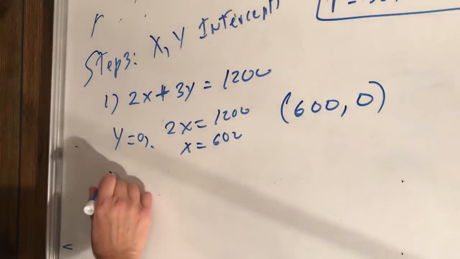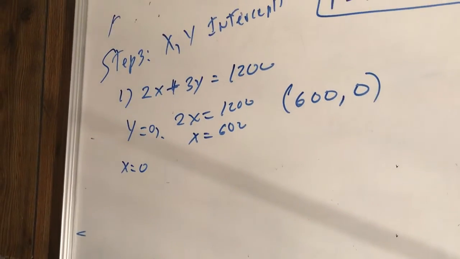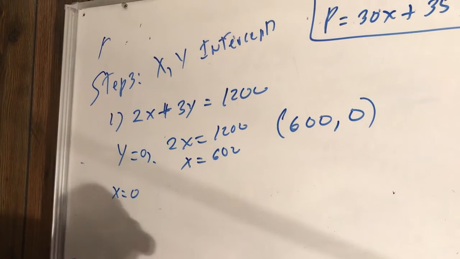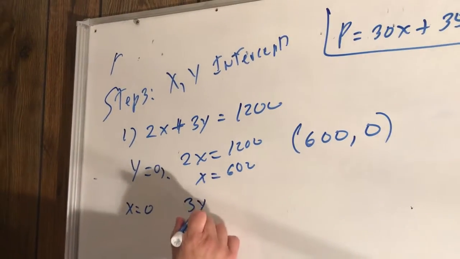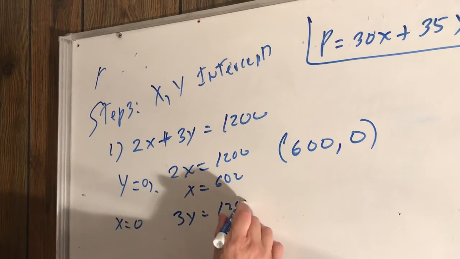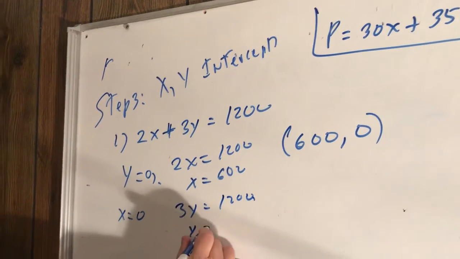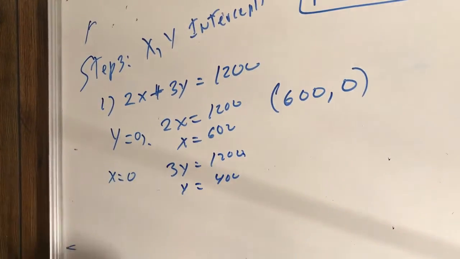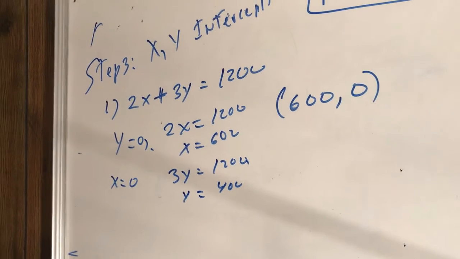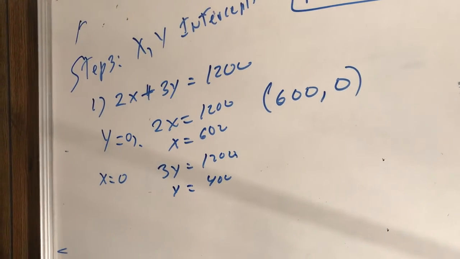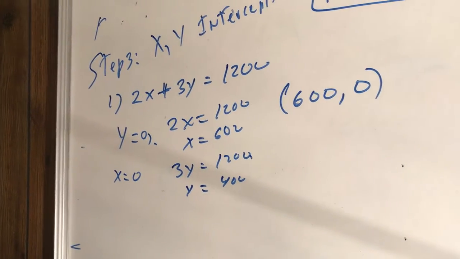Now, when x equals 0, I'm going to get 3y equals 1200. So y equals 400. So what we're going to have here is 0 and 400.